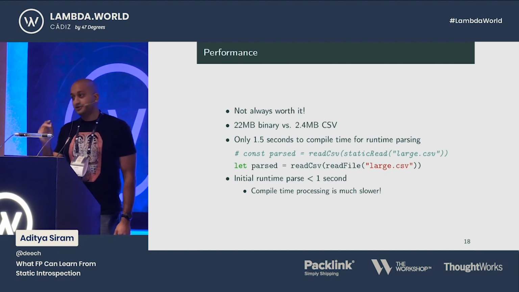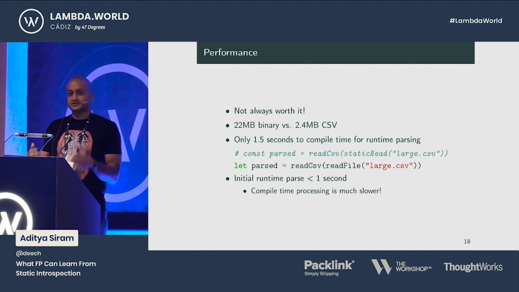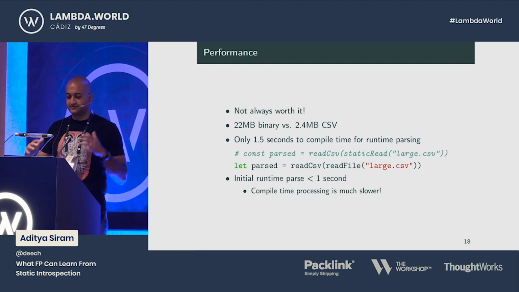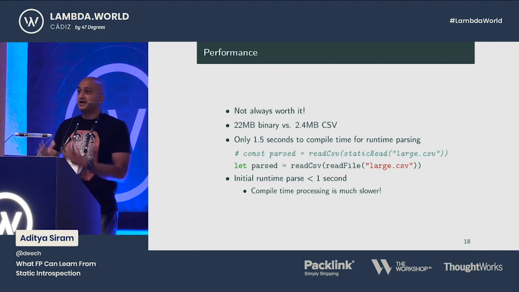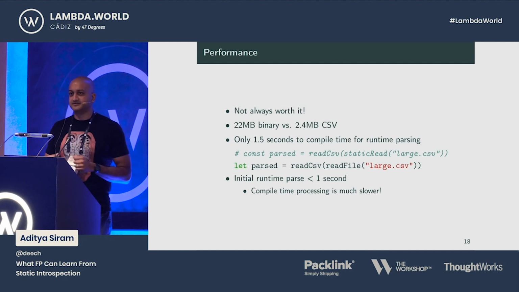And when I changed it from compile time to runtime, so it takes 5 characters, by the way, to change when a function runs. Instead of const parsed equals read CSV static read, I just go let parsed equals read CSV read file, and everything else stays the same. Compile times went down from 10 seconds to 1.5 seconds.